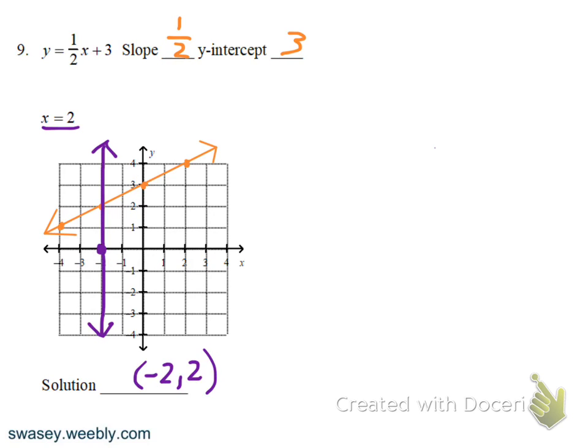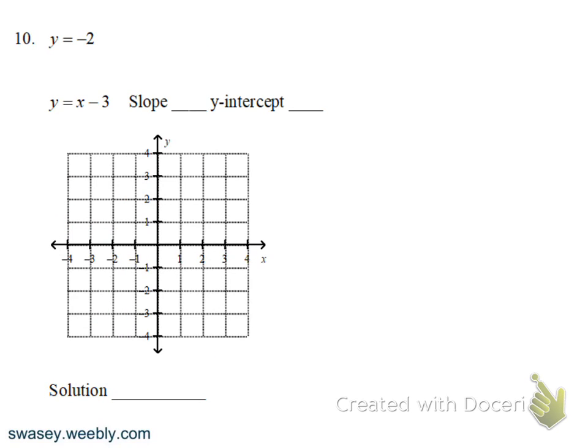So if you only see one variable, x equal to a number is always going to be vertical, y equal to a number is always horizontal. So we see y equal to negative 2. So we'll find negative 2 on the y-axis and then draw that horizontal line.